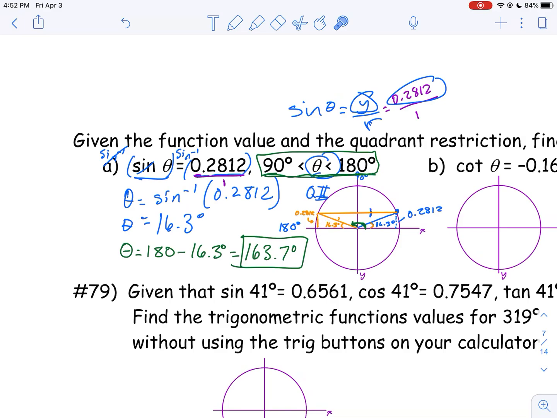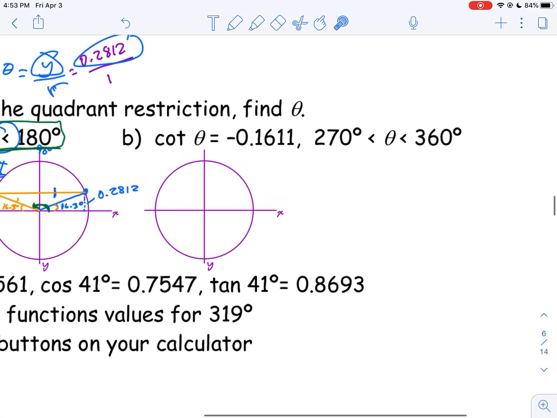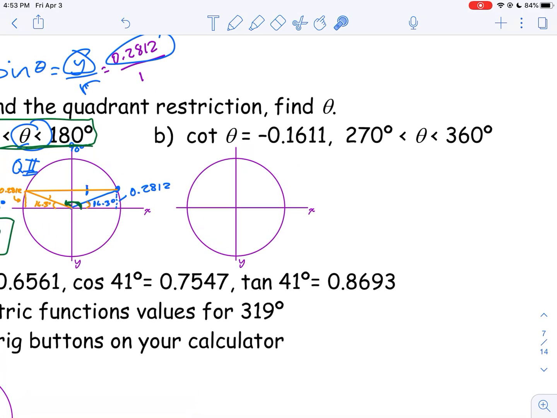So we knew that angle had to be 16.3. So then we took 180 minus that, because that would give me this part, which is 163.7. All right. Why don't you try part B? If you're not sure how to handle the cotangent, you can watch the next part of the video and then pause it, but try the last part on your own.